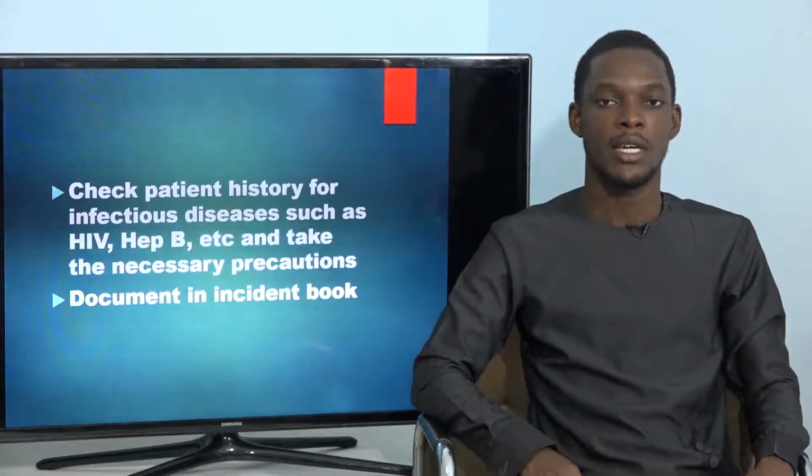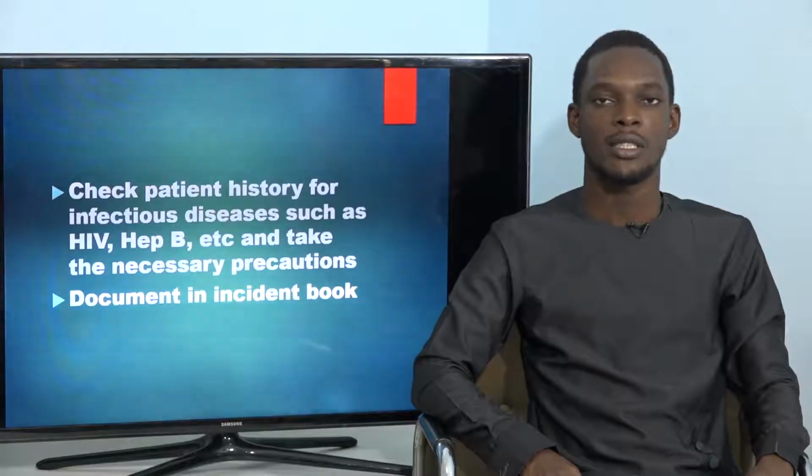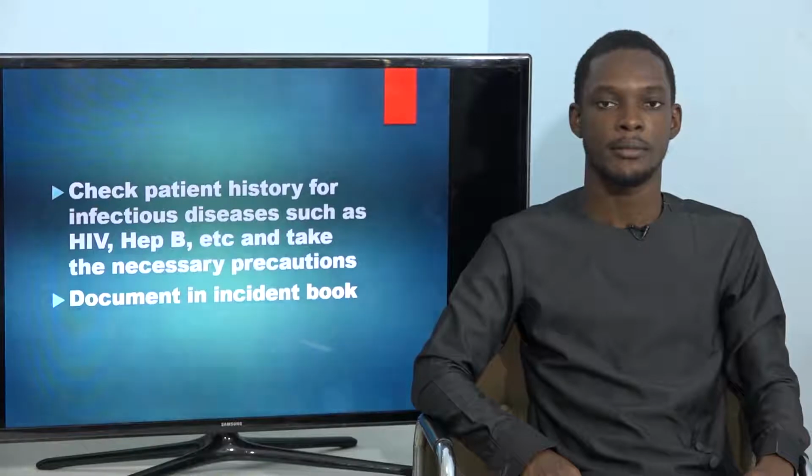Some patients may have HIV, hepatitis, or any other infection. It is up to the nurse in charge and to you to check the patient's history of infectious disease and to provide the appropriate prophylaxis. Subsequently, document the incident in the incident book.